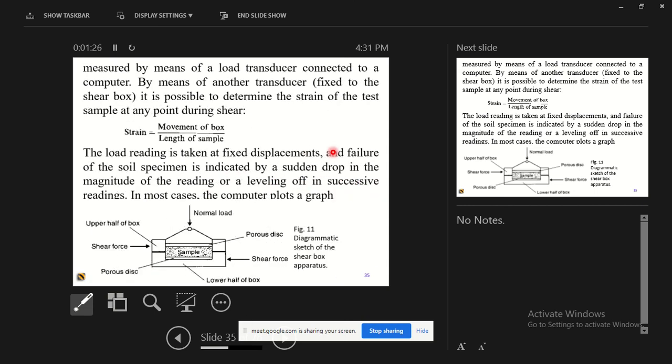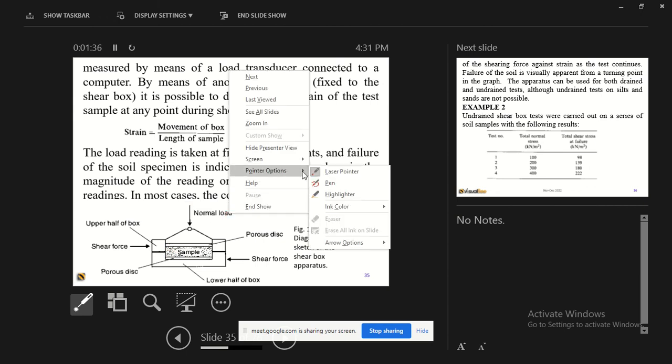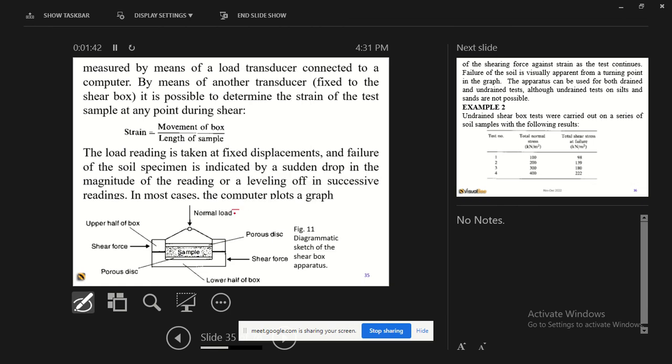Now you read all those things for yourself, but the idea here is this is the sample, and you need to think along the theory that we've already established. So this is the sigma, and this is the shear you're applying. Just that simple. This is the soil you are trying to shear.